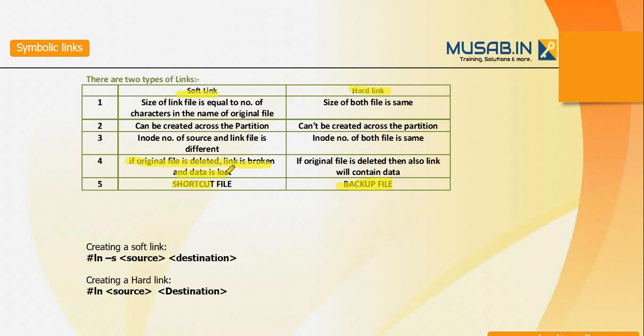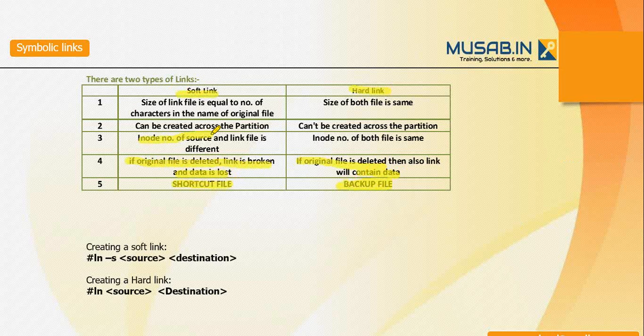If I remove the data from program files, then obviously the shortcut file will become invalid and it does not have any importance to me anymore. But when it comes to hard link, even if the original file is deleted, still the link contains data. That's the reason it's a backup file, and the other one is just a shortcut file.